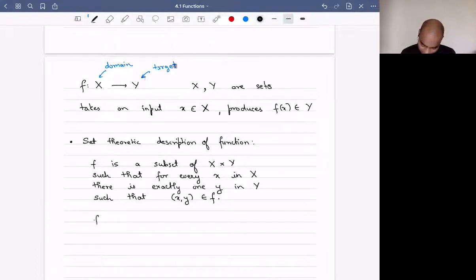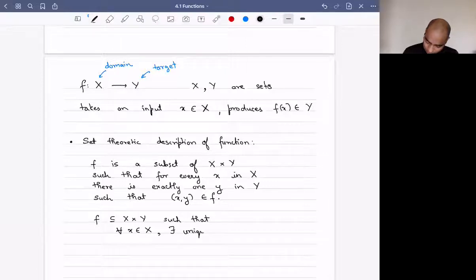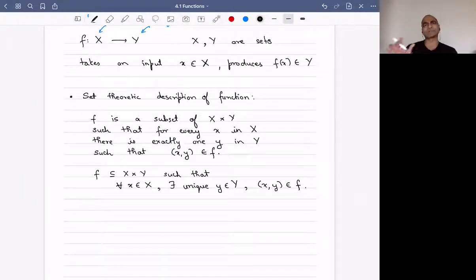So f is a subset of X cross Y such that for every x in X, there exists a unique little y in capital Y such that (x, y) is in f. You can also expand out unique, but it's complicated and it only makes it more confusing. So I'll stop here. So this is the set-theoretic definition of function.